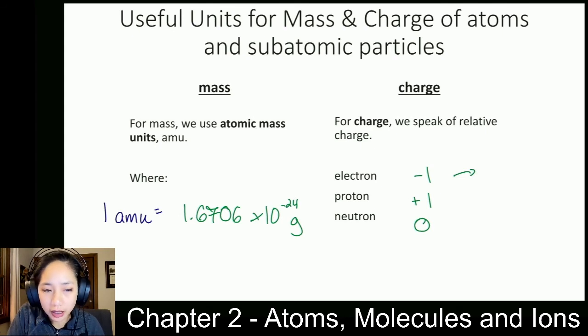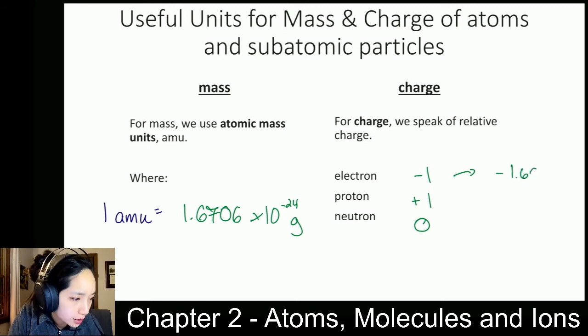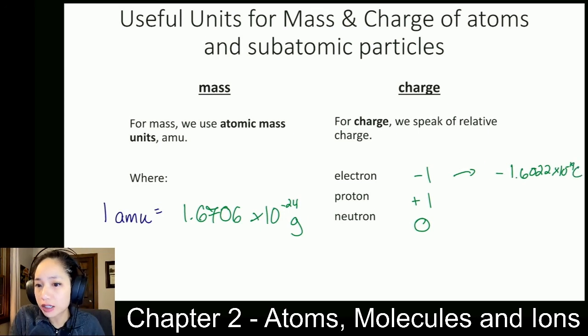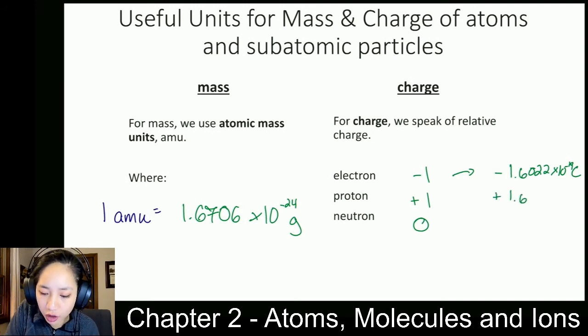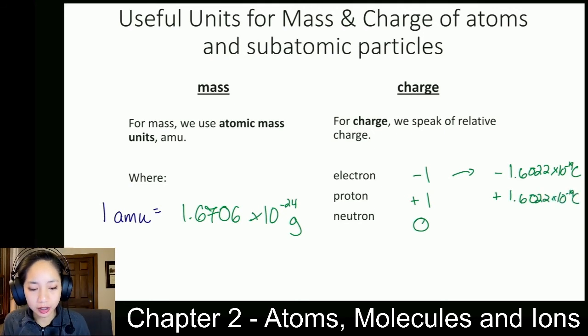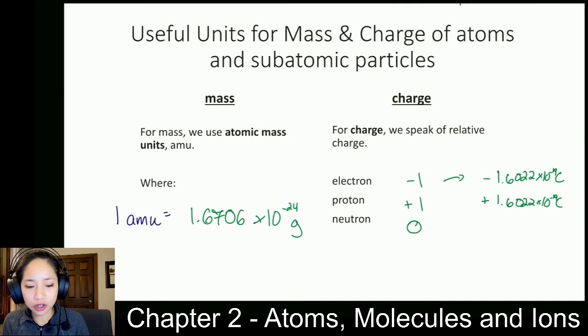The electron has a charge of negative, what did we say it was? Negative 1.6022 times 10 to the negative 19 coulombs. So we just talk about the sign and the relative charge, because the magnitudes of the charges for electrons and protons are the same, just in different directions. All right, so that is mass and charge for those subatomic particles.